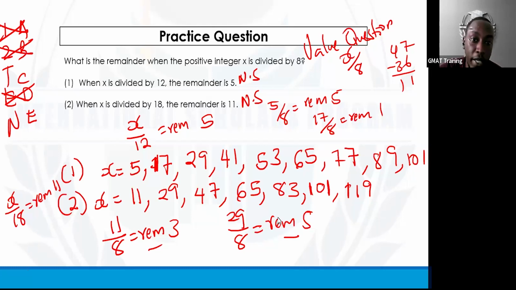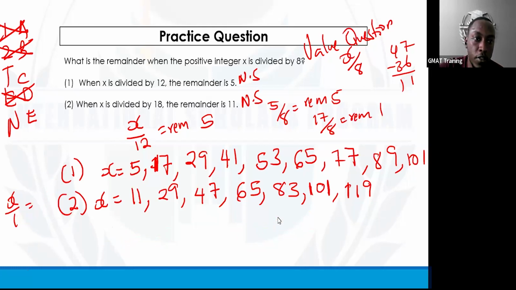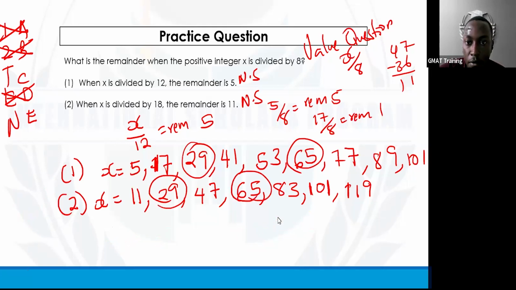Now we have to combine the statements. Okay, so let's combine the statements. If you combine the statements, then we have unique values: 29, 65, 101.